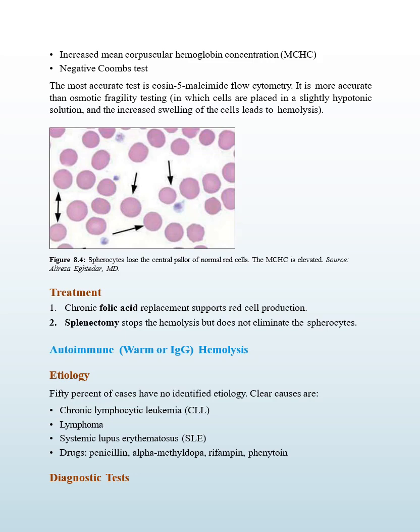The most accurate test is eosin-5-maleimide flow cytometry. It is more accurate than osmotic fragility testing, in which the cells are placed in hypotonic solution and there is increased swelling of the cells leading to hemolysis.